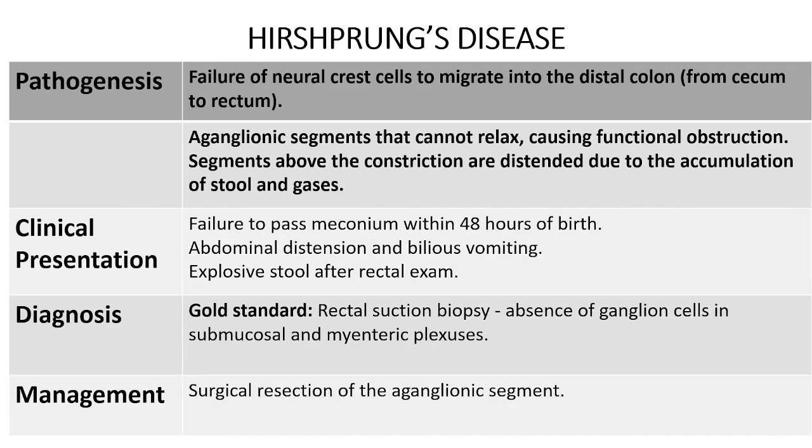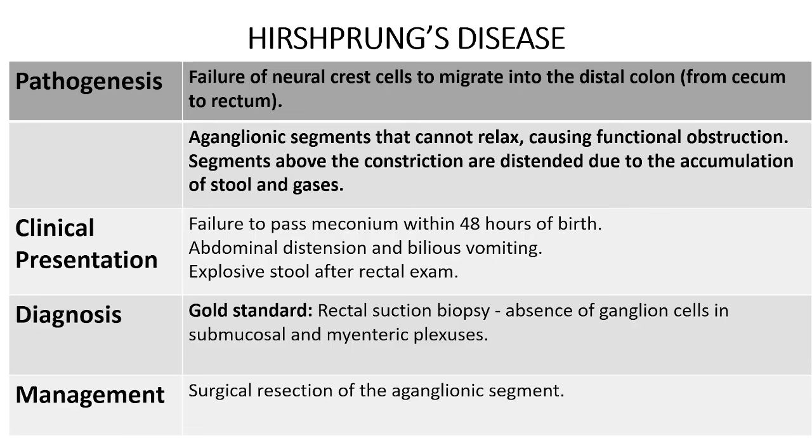So the pathogenesis of this condition is the failure of neural crest cells to migrate into the distal colon. So normally it's distal colon involved from cecum to rectum. This is where we usually find aganglionic segments.